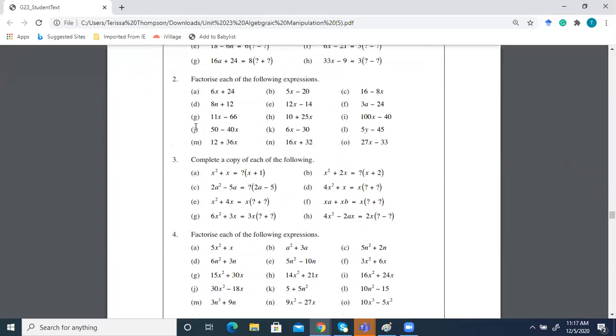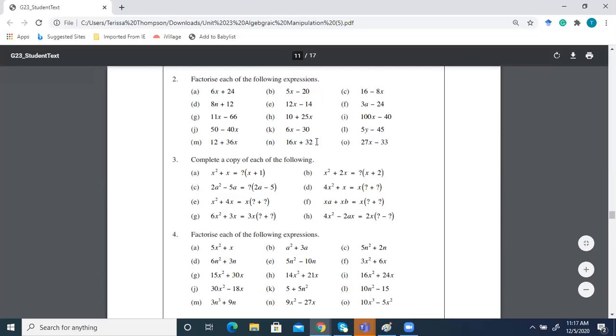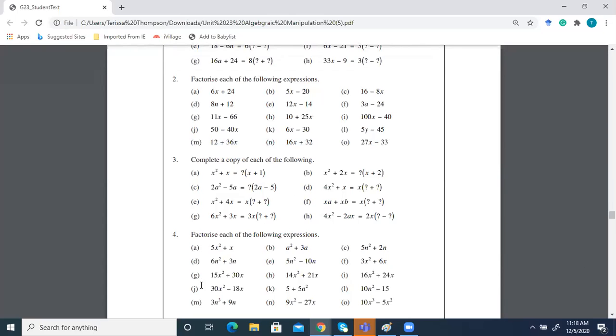Well, you don't have to do the one with 27, we did that one already. So J to N for number 2, and then J to O for number 4.